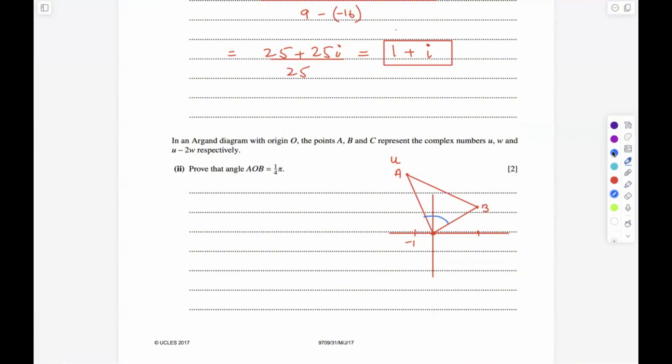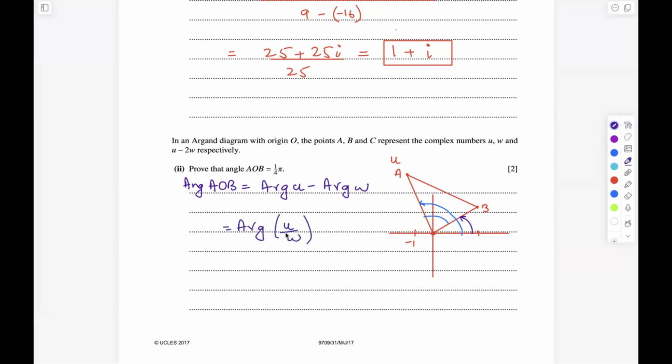Now, to find this angle, we'll have to find the argument of the complex number u and then subtract from it the argument of the complex number w. So we can first write that angle AOB will be equal to the argument of u minus the argument of w, which can be written as the argument of u/w.